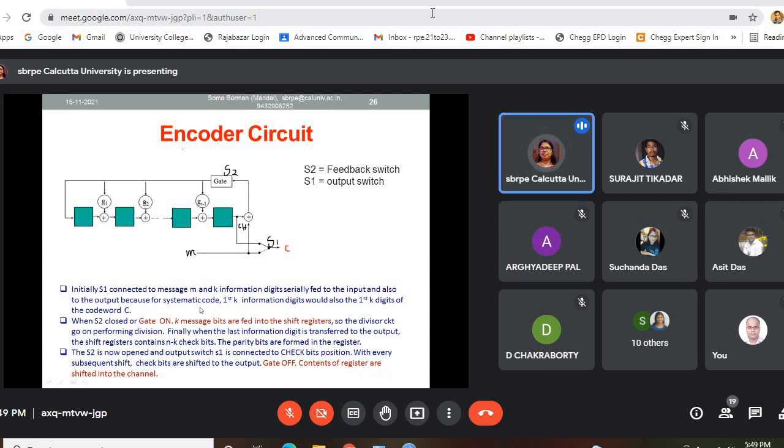Because it is a systematic code, the first k information digits are also the first k digits of the code word C. Now gate S2 is closed.